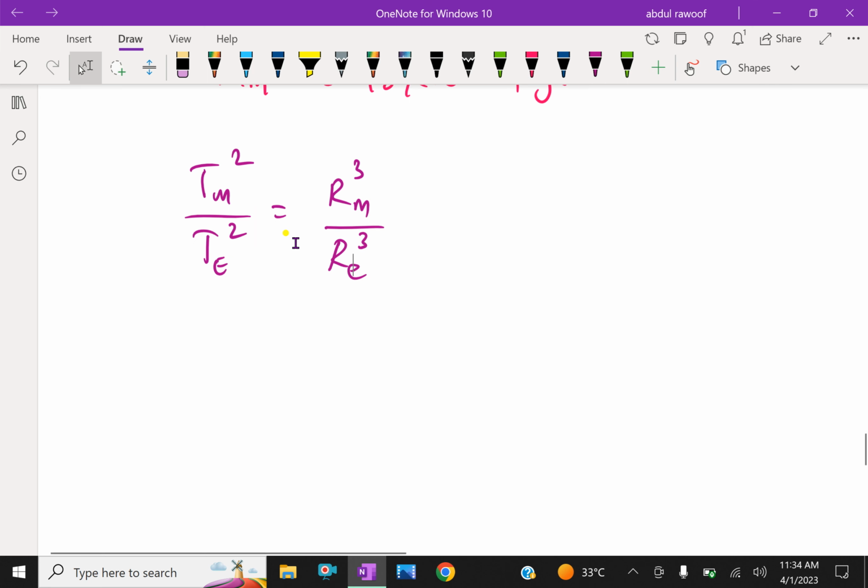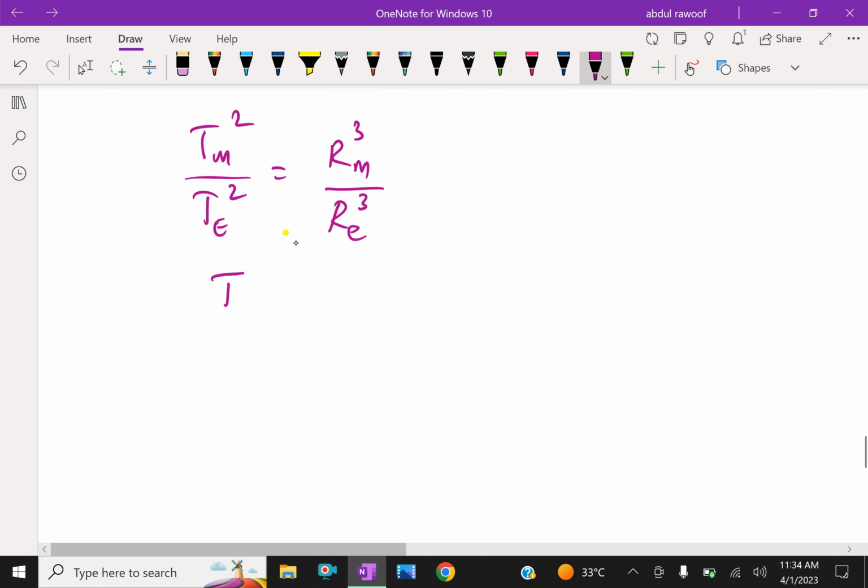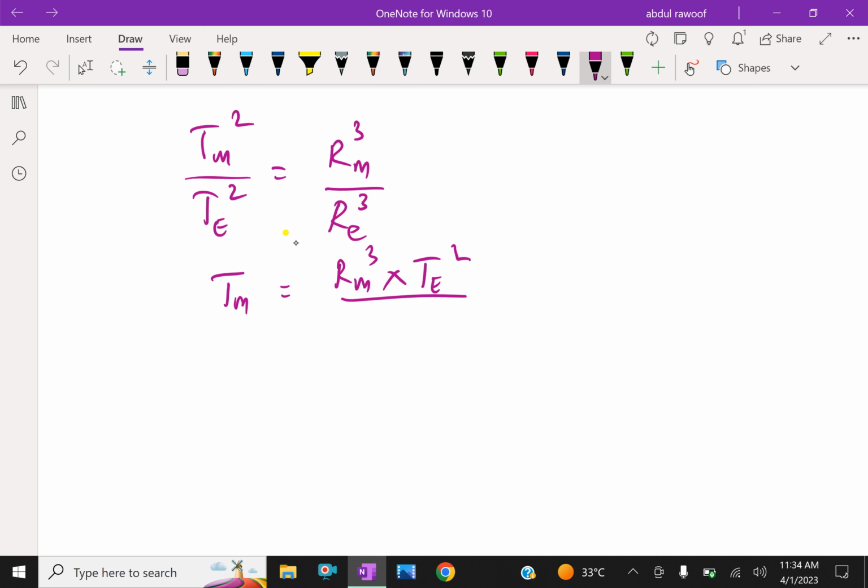By using this relation, Tm equals Rm cube into T squared over Re cube, all to the power half. Then we get this by using the values.